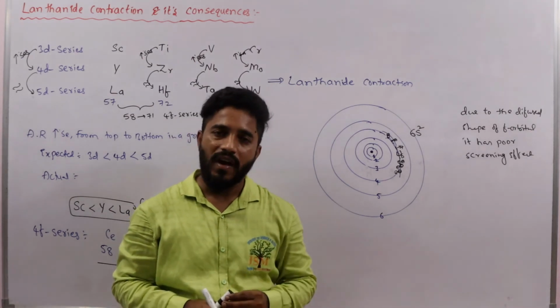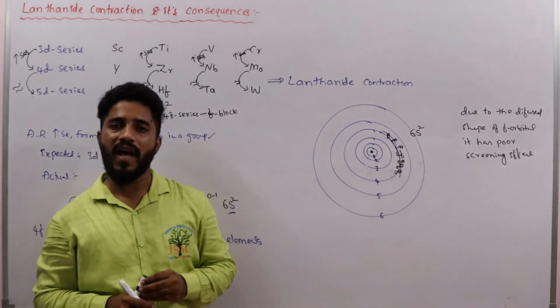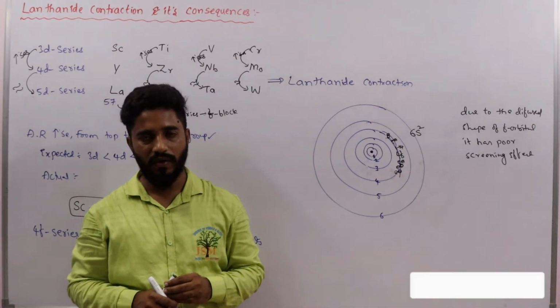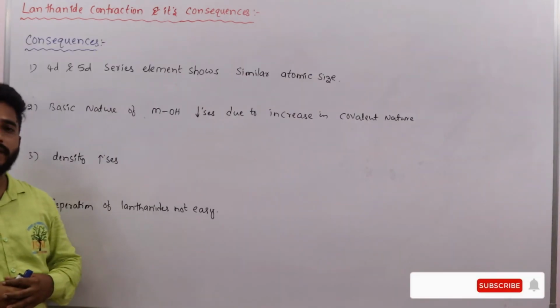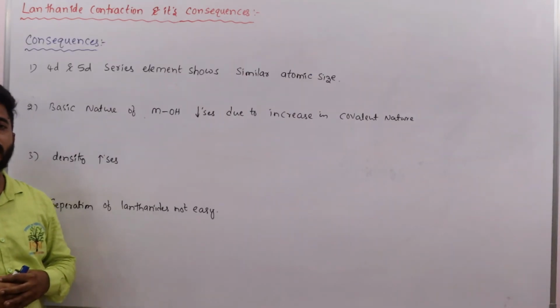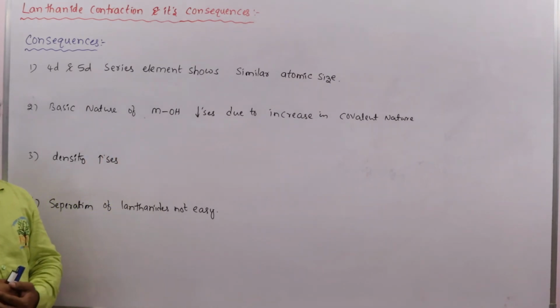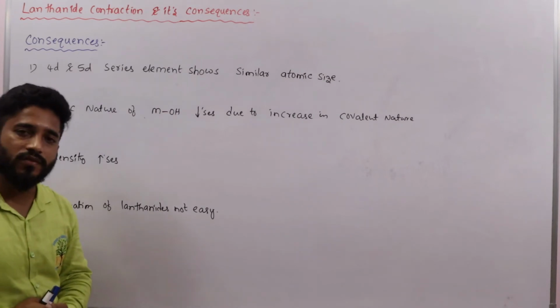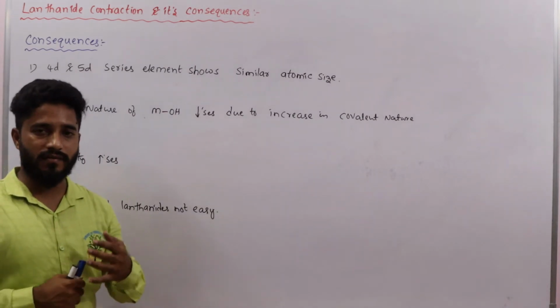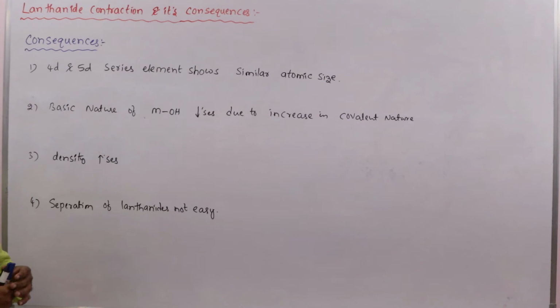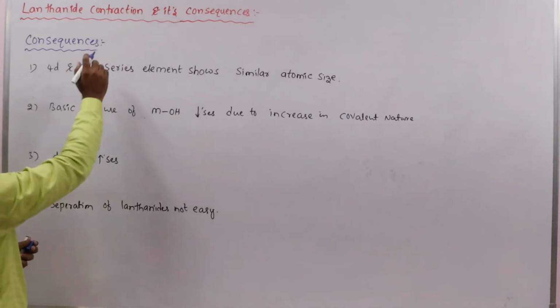Let us see the consequences of lanthanide contraction. The first consequence is that 4d and 5d series elements show nearly the same atomic size due to this lanthanide contraction.